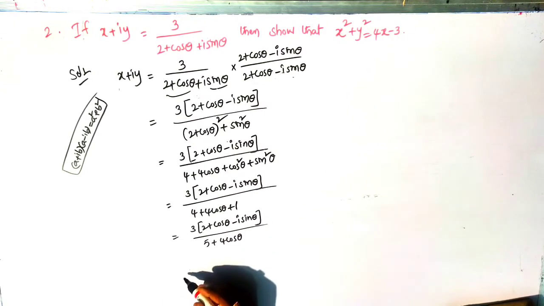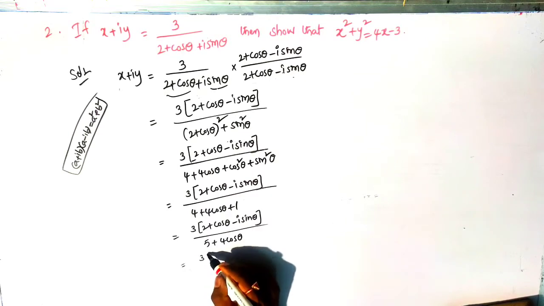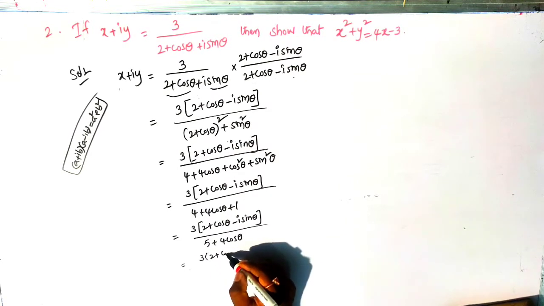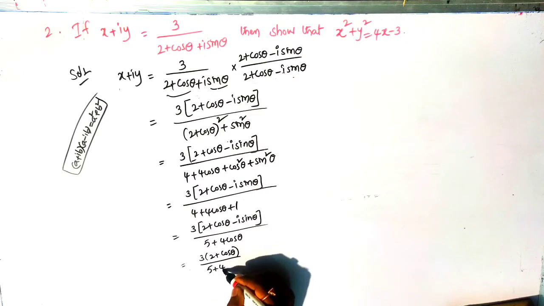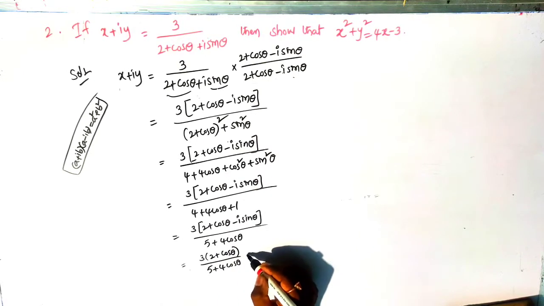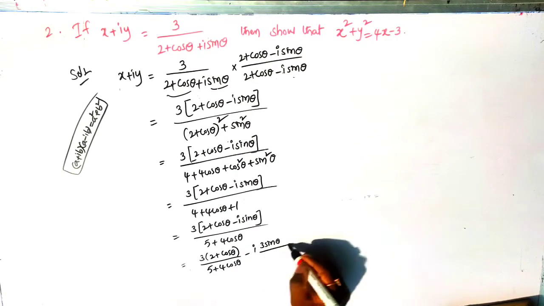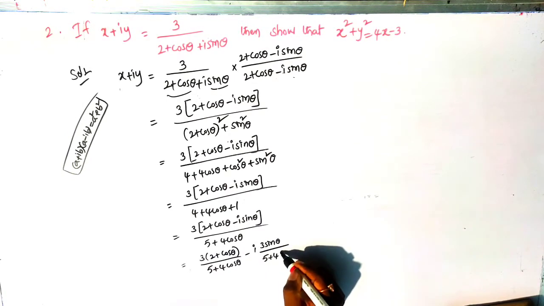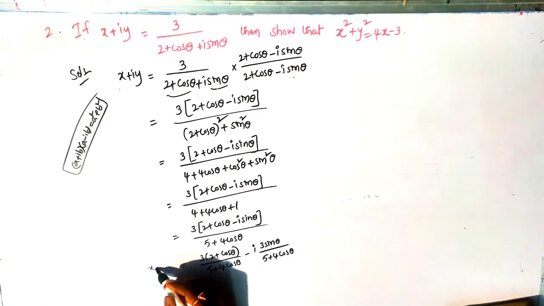So now we write 3 of 2 plus cos theta divided by 5 plus 4 cos theta, minus i 3 sin theta divided by 5 plus 4 cos theta. So this is totally x plus iy.